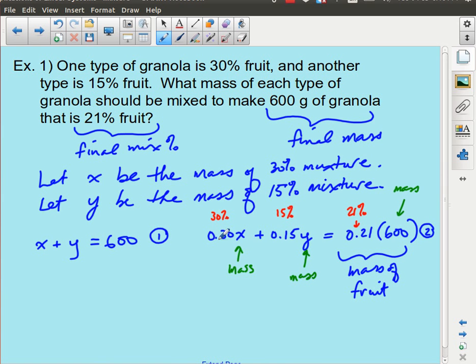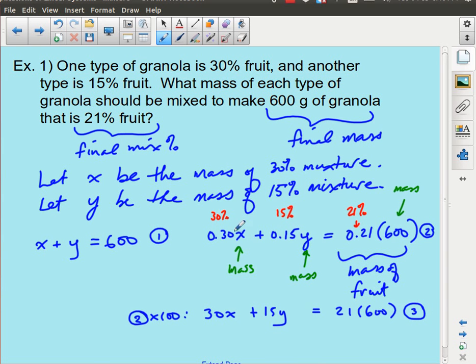The way I can get rid of that is to take equation 2 and multiply the whole equation, left side and right side, by 100. 0.30 times 100 shifts the decimal over twice, and I end up with 30x. 0.15 becomes 15y, equals, and 0.21 times 600 just becomes 21 times 600. I'm going to call that equation 3.